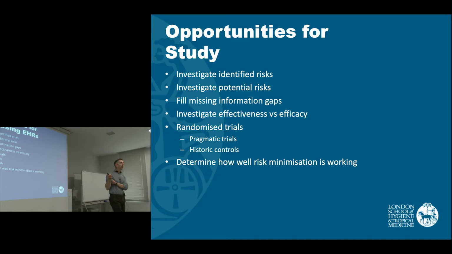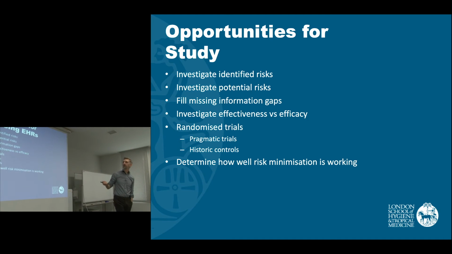So I'm going to go through a series of examples now, which are opportunities where electronic health records can be really helpful for studying these various types of things. We're going to look at investigating known risks, potential risks, and filling gaps in our information.